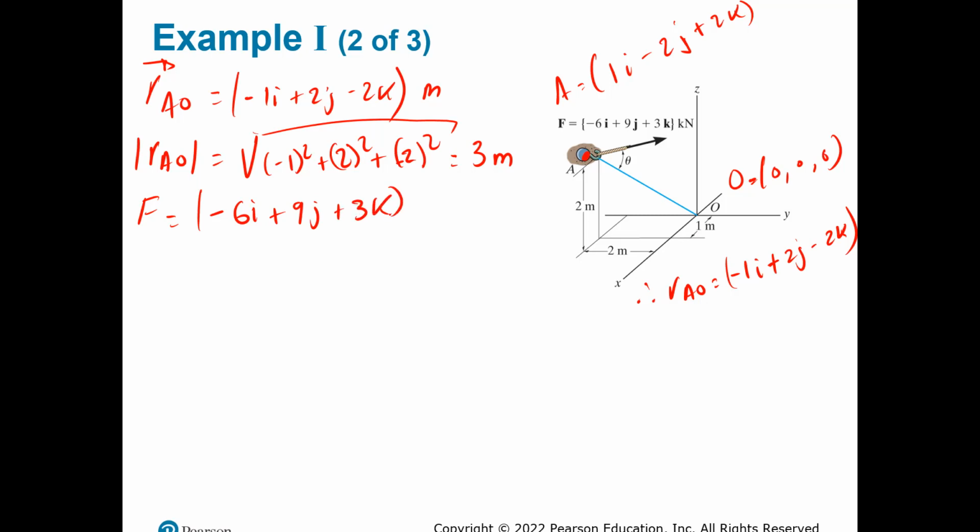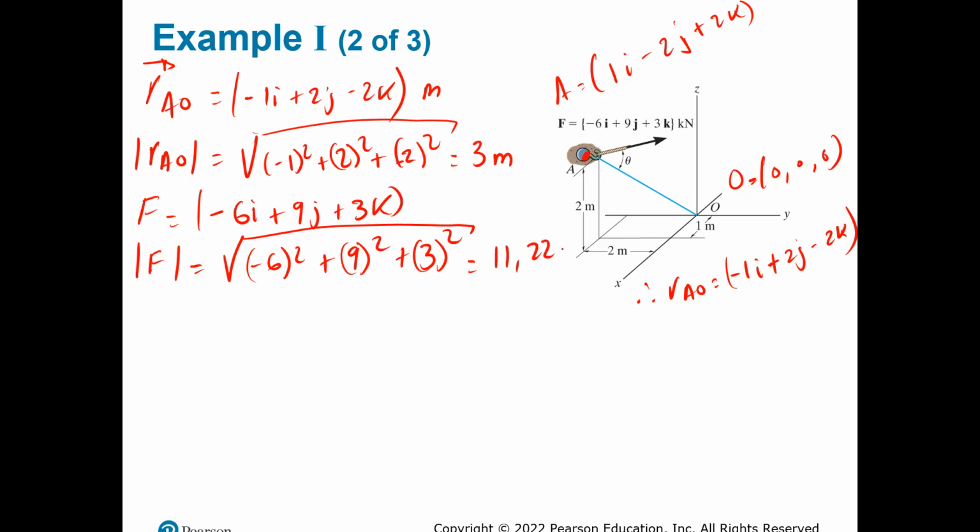And once you have that, you can get its magnitude the same way you did before: minus 6 squared plus 9 squared plus 3 squared. You take the square root of all that, and you will get 11.22 kilonewtons, and that's the magnitude of the force.